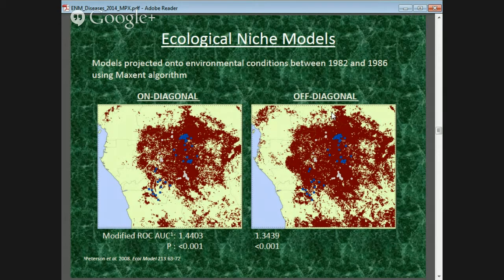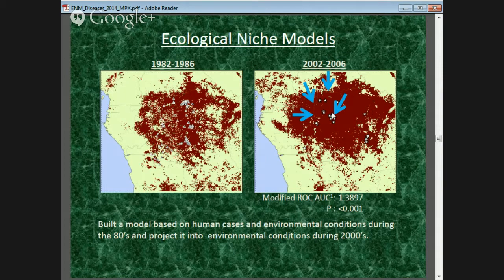But once we were sure that we were able to capture an environmental signature with our data and our niche algorithm, we decided to extrapolate. So on the left, we have our model made in the 1980s with the case data and environmental data from that period of time that are matching, and extrapolated that into more recent data, 2002 and 2003.